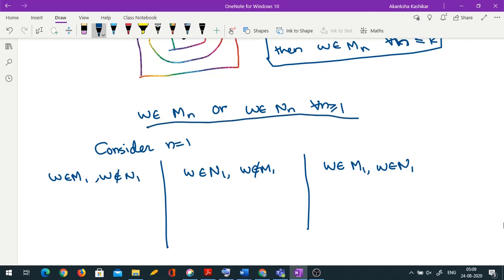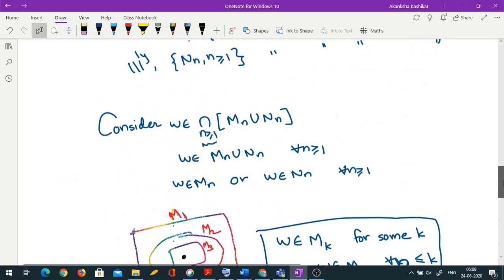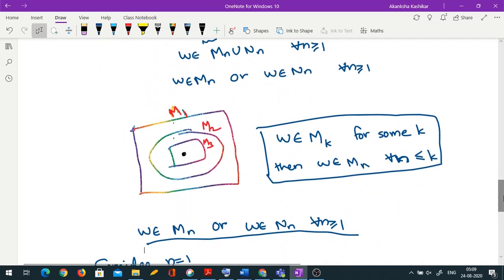Okay, so what happens here? If omega is not in N1, then it cannot be in N2 because of again this result. So if omega is not in N1, let's say, so it is somewhere here, then it cannot be in N2, N3 or anything.